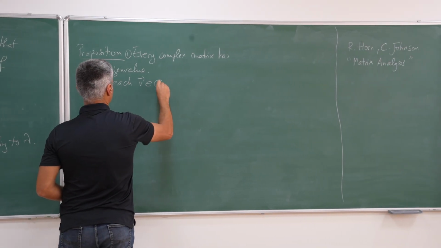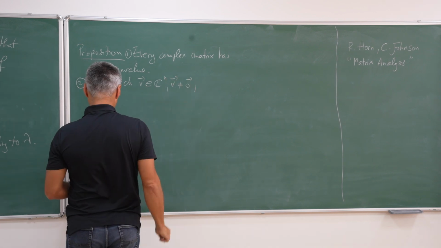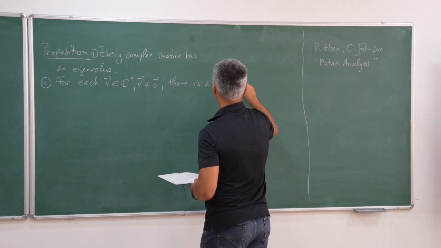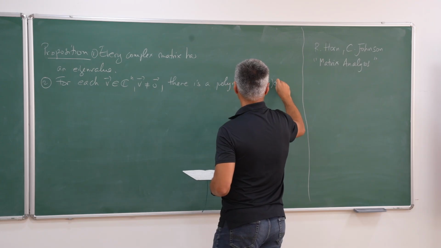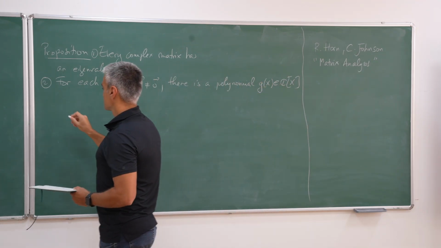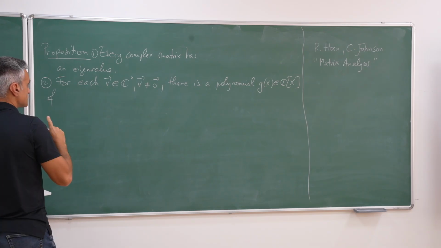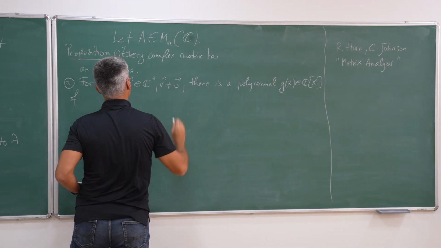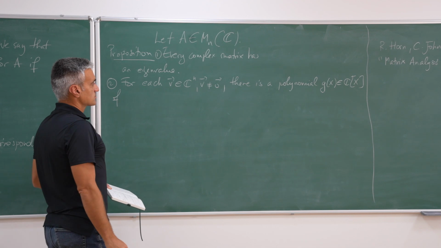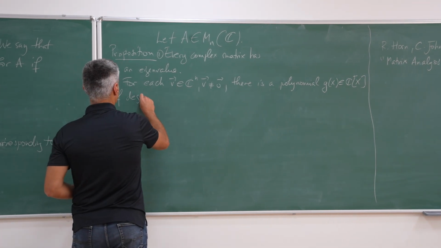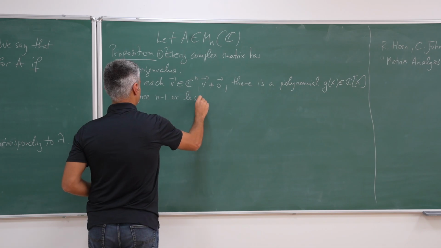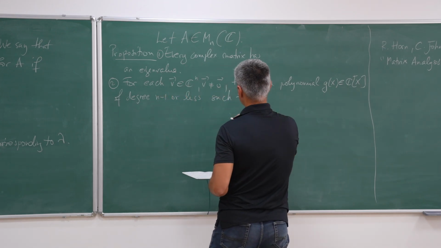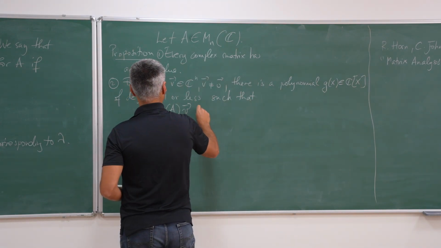Let A be my matrix. For every non-zero vector v, there is a polynomial g(x), let's say over the complex numbers, of degree n minus 1 or less, such that g(A) times v is an eigenvector.